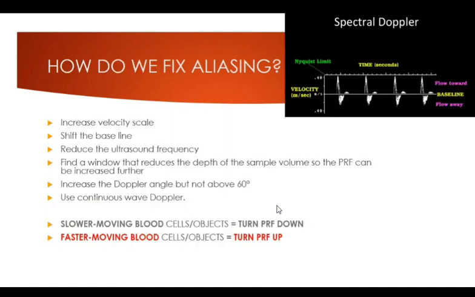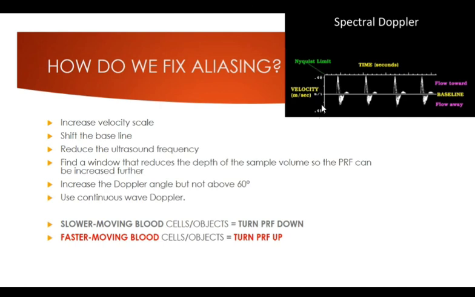So when we talk about fixing aliasing, I think it's easy to look at this little diagram that I've got in the corner because it's really simple. Basically, you can see here that you've got your Nyquist limit in the green. And obviously, that limit is where our velocity scale ends.